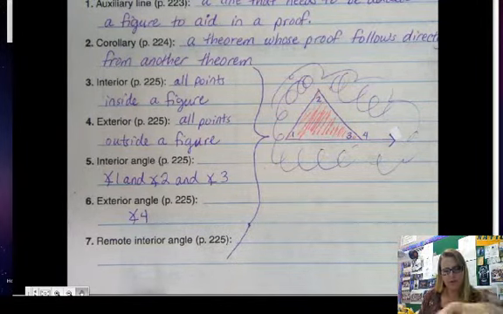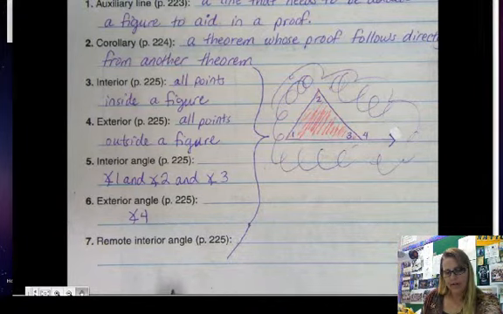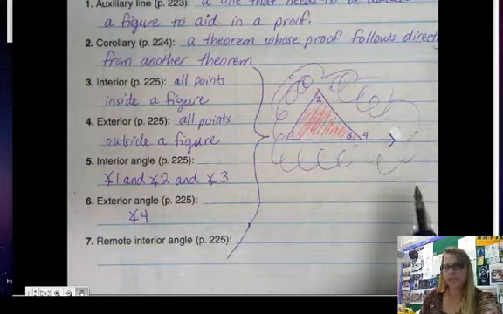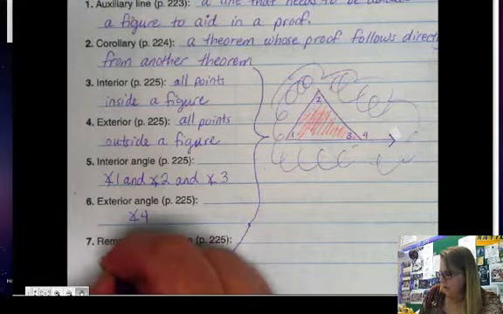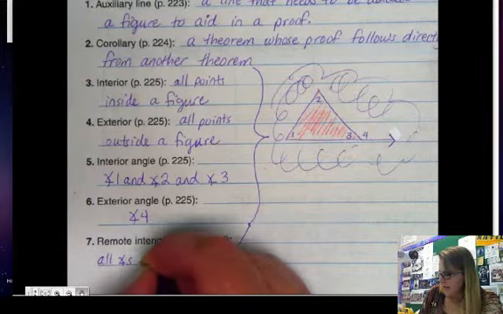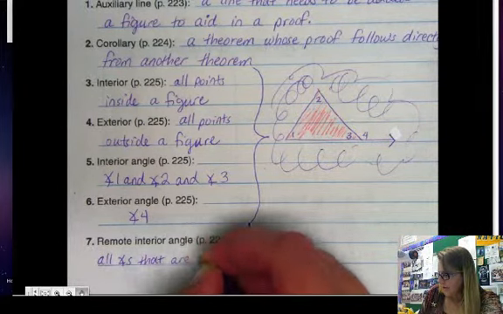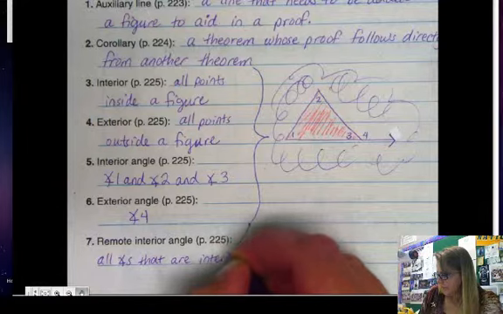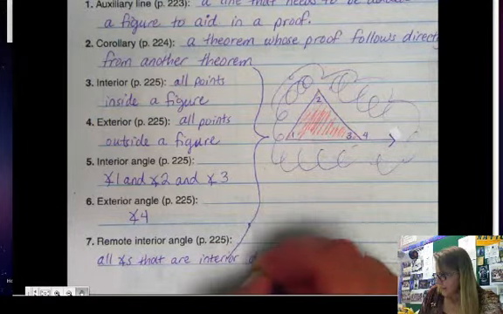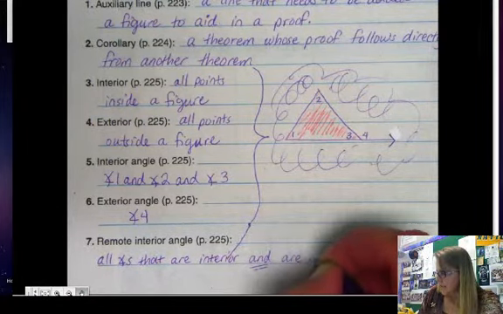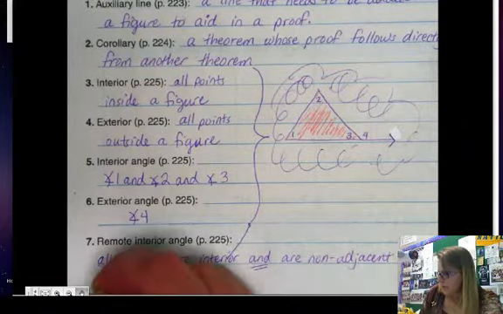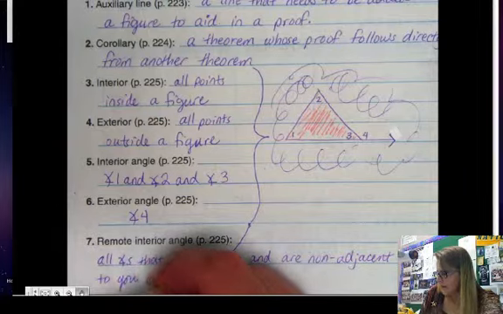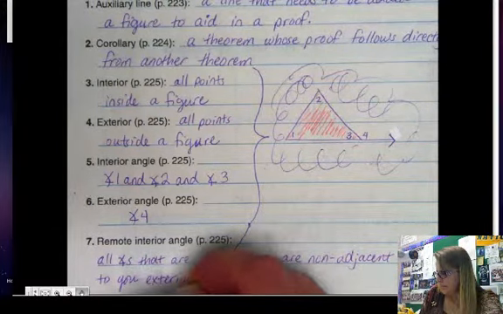Now the remote interior angles are all of the angles that are on the interior and are not adjacent to the exterior angle you're talking about. So all angles that are interior and are non-adjacent to your exterior angle.